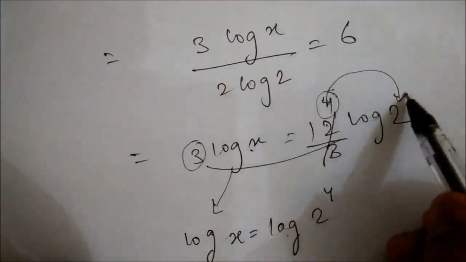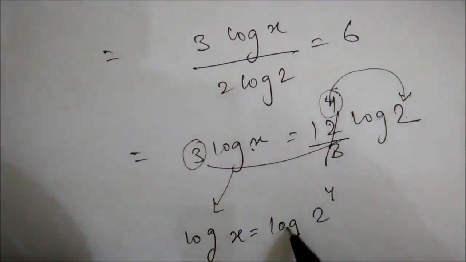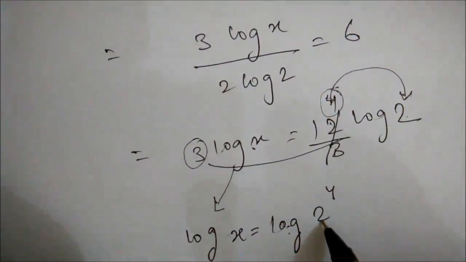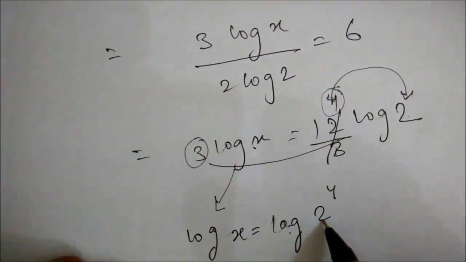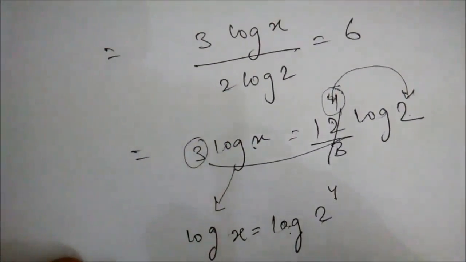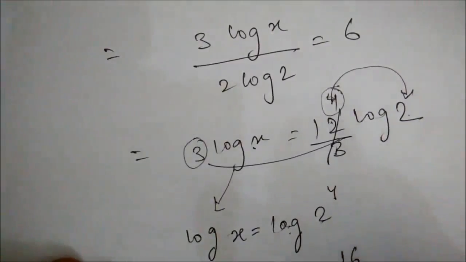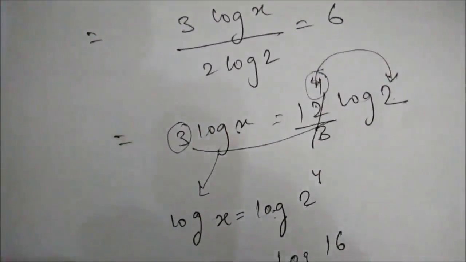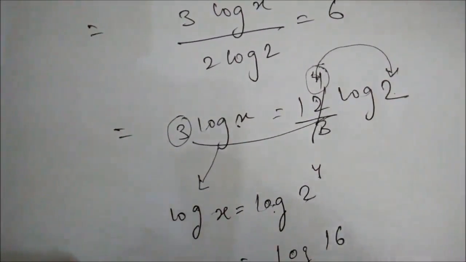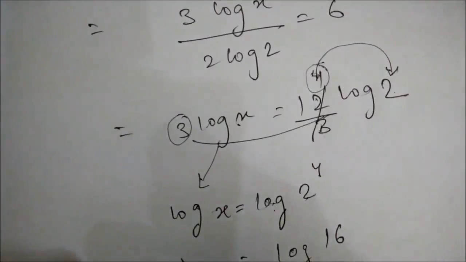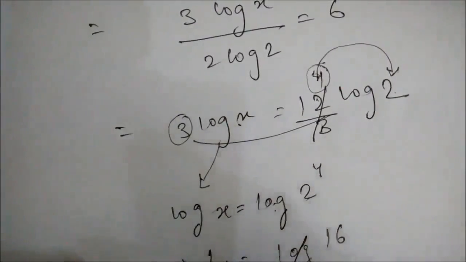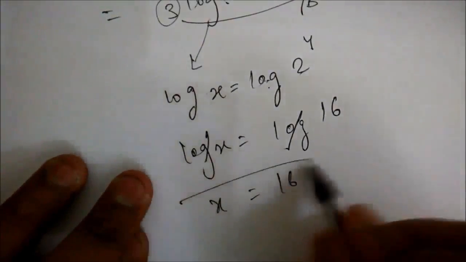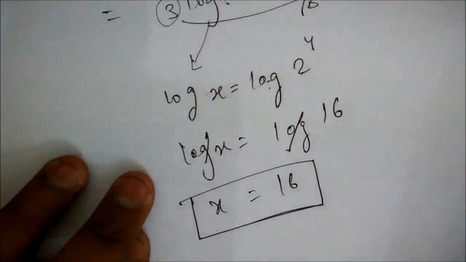This 4 can be written here. So I wrote the same equation as log 2 raised to 4, right? We got this, and now we can write this as log 16. And the final answer for this will be 16, since log and log get cancelled, and the final answer is x is equal to 16.